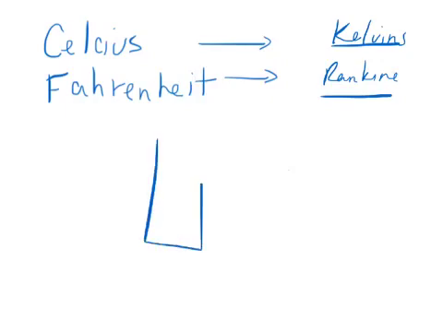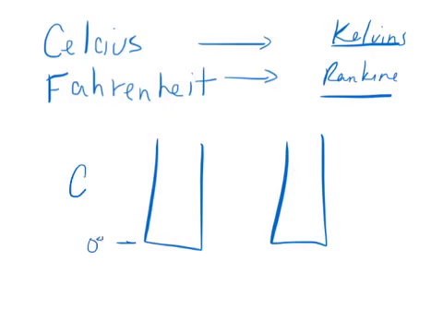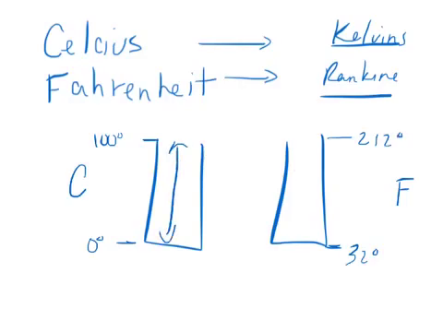If I had a Celsius thermometer and a Fahrenheit thermometer, what you'll see is that on a Celsius scale, from 0 degrees Celsius to 100 degrees Celsius, there's actually a difference of 32 degrees Fahrenheit to 212 degrees Fahrenheit. So what you'll notice is that this is a delta of 100 degrees change, whereas this delta over here is 180 degrees.